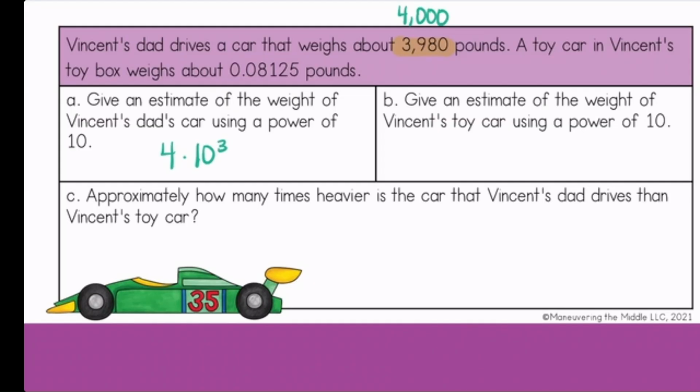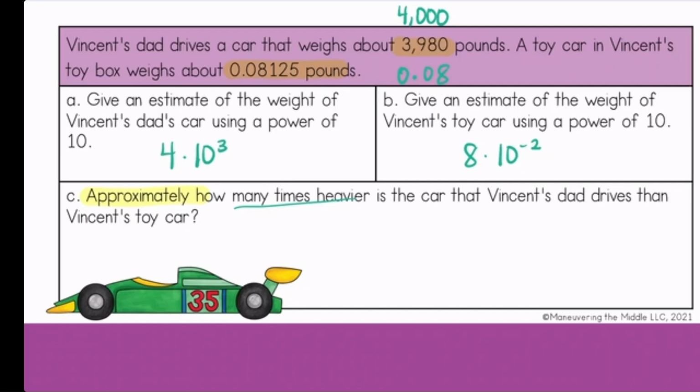In part B, we're going to do the same thing here. And I would first round that to 0.08. So in scientific notation, I can write it as 8 times 10 to the negative second. The question asks approximately, so we know we're estimating, how many times heavier is the car that Vincent's dad drives than the toy car?